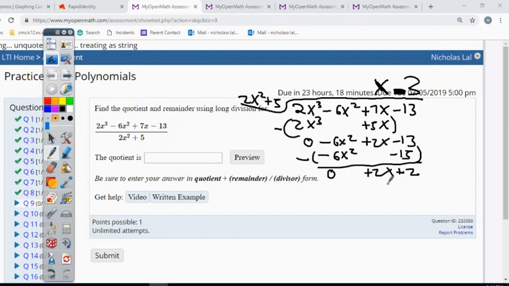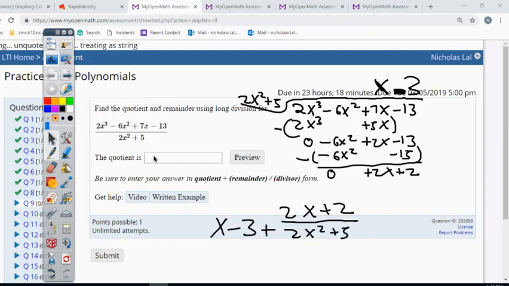And that is a remainder, because 2x plus 2 can no longer go into 2x squared plus 5: 2x squared plus 5 has a degree of 2, higher than 2x plus 2, which has a degree of 1. So our quotient is x minus 3 plus our remainder, 2x plus 2, divided by our divisor, 2x squared plus 5.